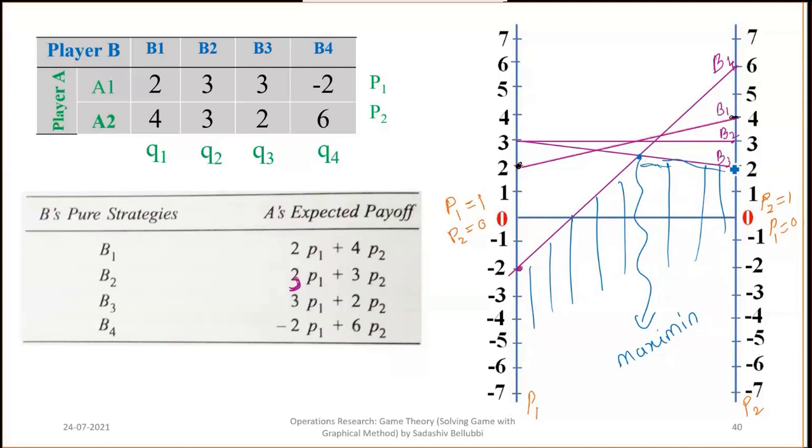Out of these 3 points, this is the maximum of all the minimum numbers. This maximum point is the intersection of B3 and B4 lines. It means that now we have reduced the matrix to only this much.